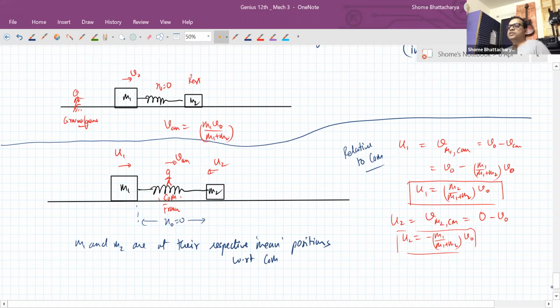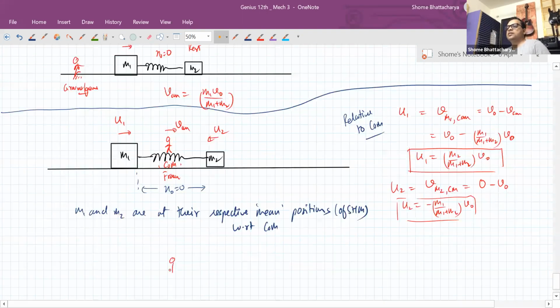Understand now? So with respect to the center of mass, what I will see is that M1 is having a range of motion like this. Okay, and M2 is having a range of motion like this. Okay.